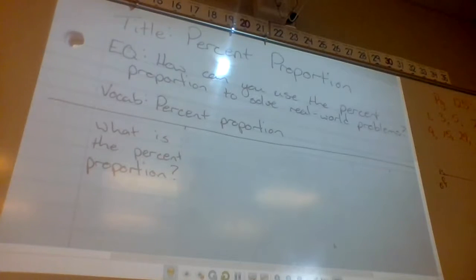And proportion. Haven't we solved proportions already? Yeah, we have. Basically, all of this stuff is we're combining lessons. So what a percent proportion is, at least the first part, is one ratio compares the part to the whole.